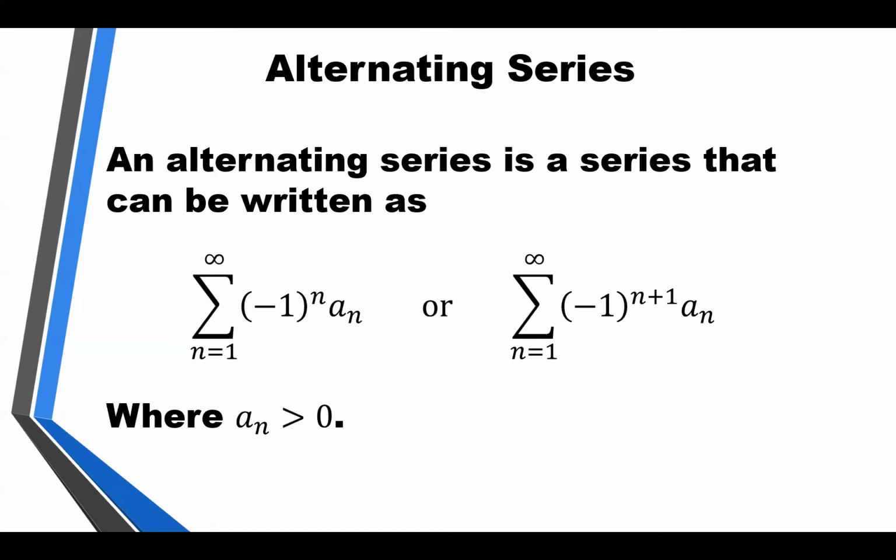An alternating series is a series that can be written as negative 1 to the n times terms which are all positive, or negative 1 to the n plus 1 times terms which are all positive, obviously summed up from 1 to infinity, or we can use different lower bounds if we'd like. So it's an infinite series where I can write it as negative 1 to the n, or negative 1 to the n plus 1 times positive terms.